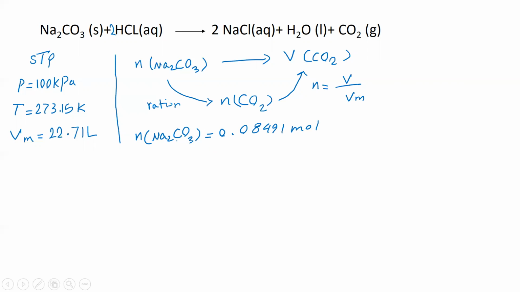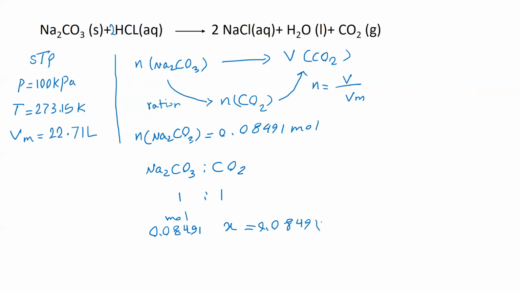Because I want to find the number of moles of CO2, I write Na2CO3 to CO2, and the ratio is 1 to 1. So if I have 0.0849 mole of Na2CO3, it means I have the same number of moles of CO2.